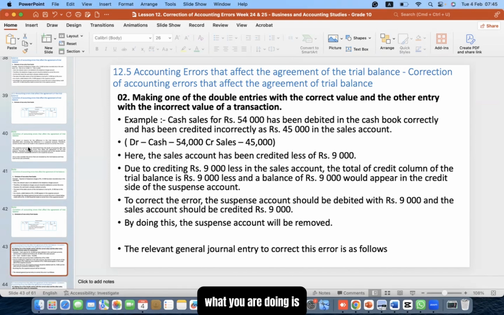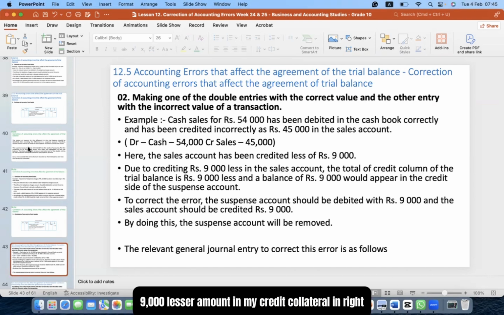So here sales account has been credited less by rupees 9,000. එතකොට sales account එක 9,000 lesser amount එකෙන් තමයි credit කරලා තියෙන්නේ, right? Due to crediting 9,000 less in the sales account, the total of the credit column of the trial balance is 9,000 less, and that 9,000 would appear in the credit side of the suspense account.